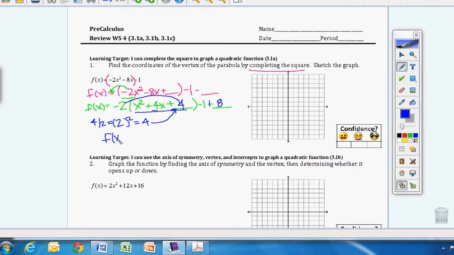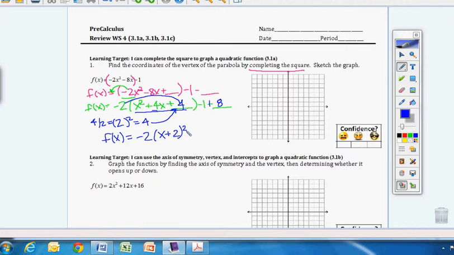So our function will be negative 2, x, the square root of 4 is 2, and we're adding. Another little trick is look over here: when we divide that b by 2 and we get a positive 2, we have x plus 2.